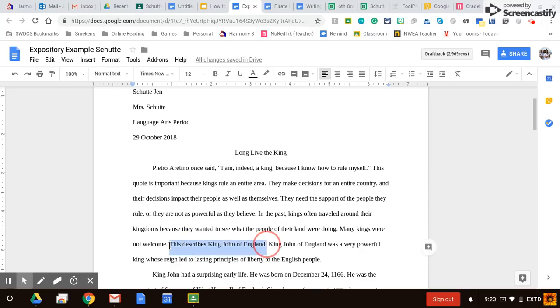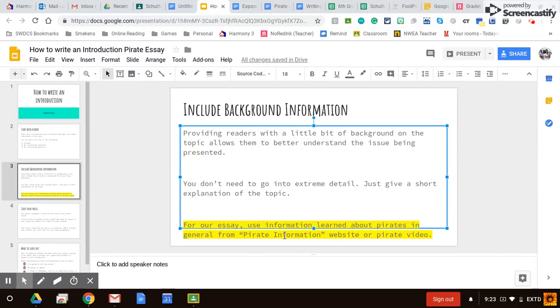This describes King John of England. So that is my background information. I have about 5 sentences here of background information. If you don't have enough information to give me as your reader some knowledge about pirates, you need to go back to the Pirate Information website or the Pirate video and get some more details.